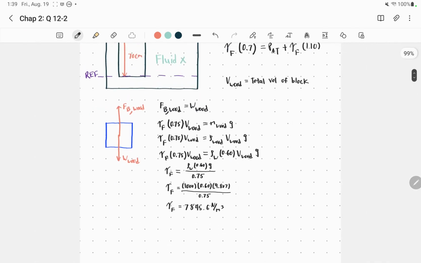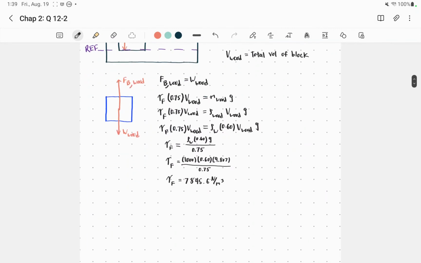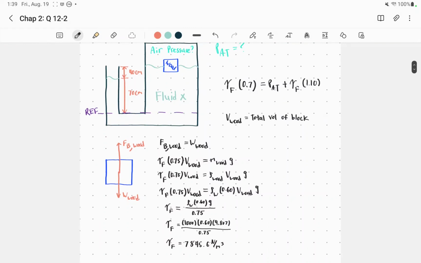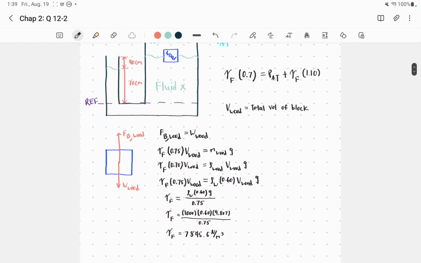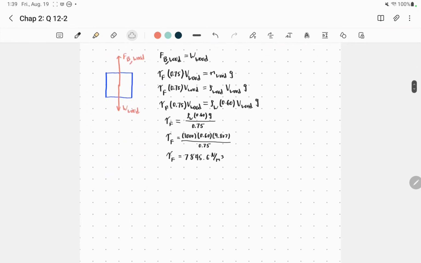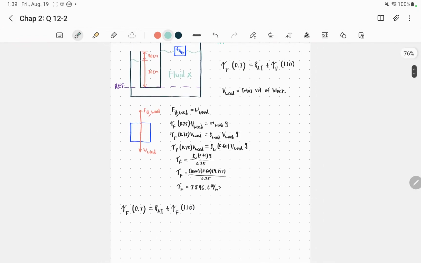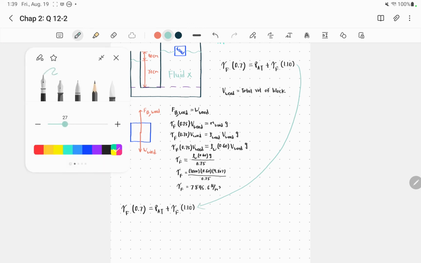So now that we have gamma f, we can take back our equivalence equation from before, for the left side and right side, and then we can solve for PAT. Copy that, bring that down here, then just do a little arrow so that we can see where it came from. Alright, perfect.